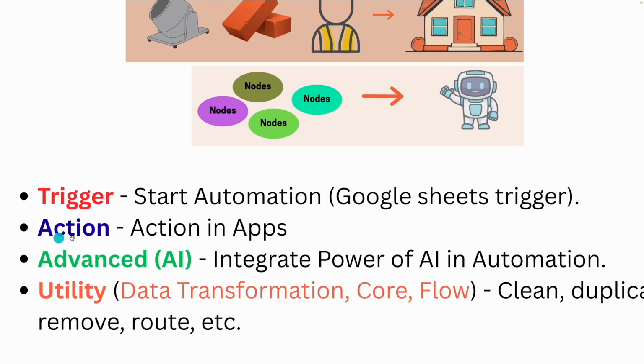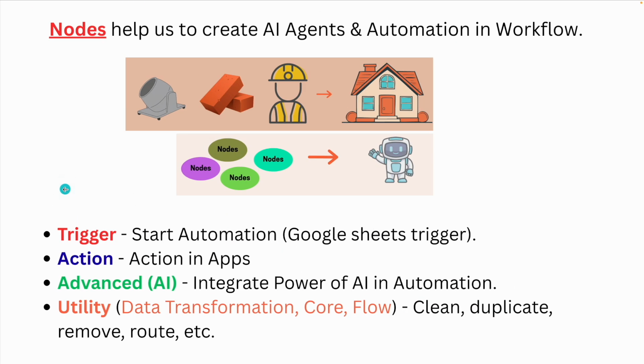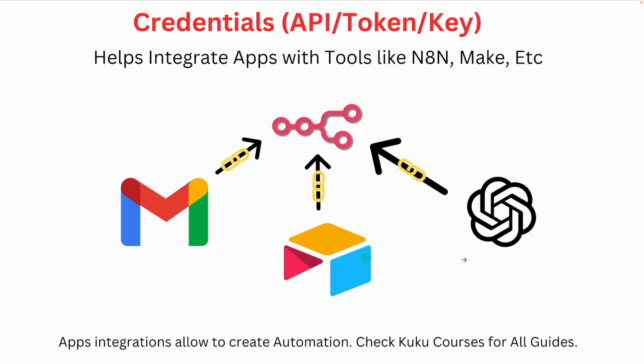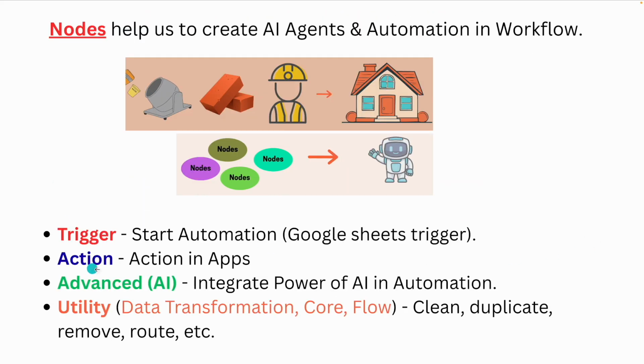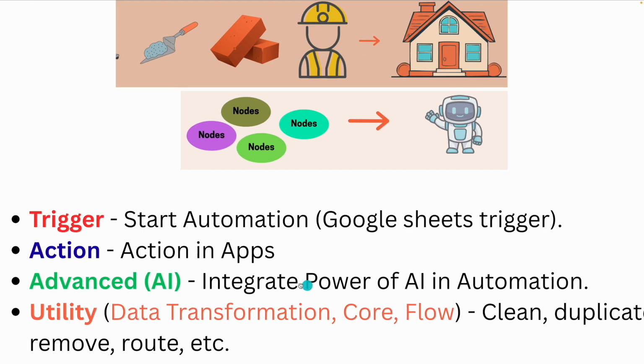Next, action in an app. If you are using some apps, you remember what apps are: different types of apps, and if you want to use them, you can. We can also use AI. If you want to use AI in your automation, you can use the advanced AI functions.